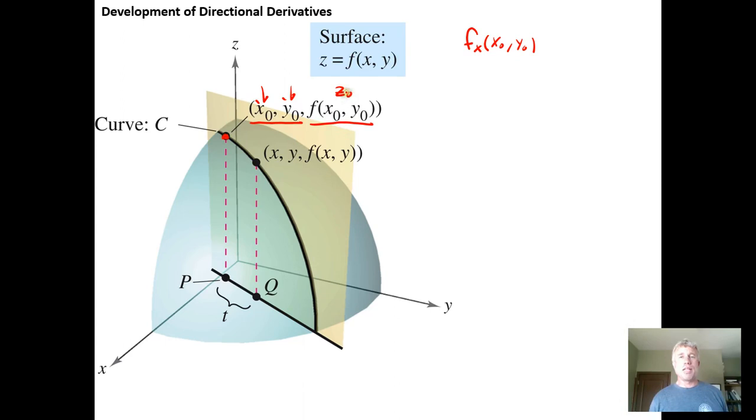There's going to be a z naught that goes with it. You're finding the slope of the tangent line at that point, but in the direction of the x-axis. So you know the rate of change in the direction of the x-axis.